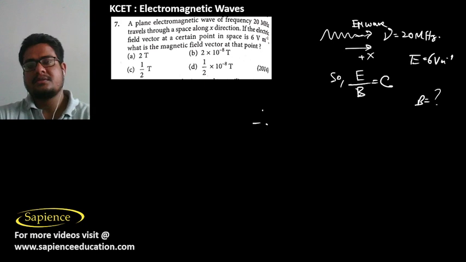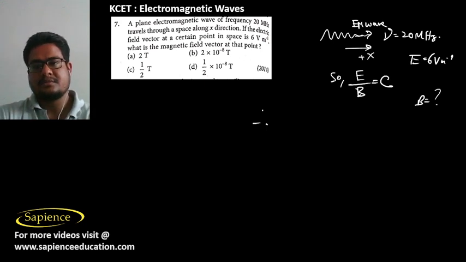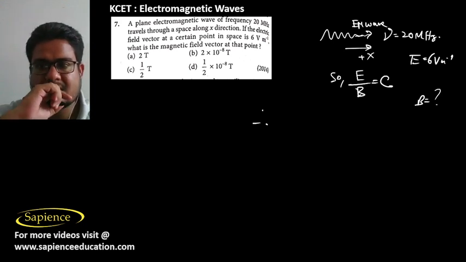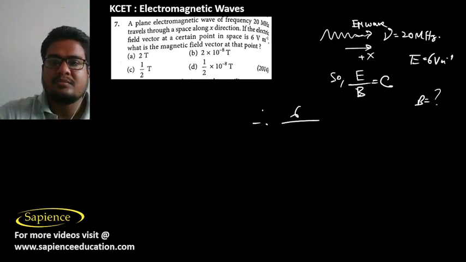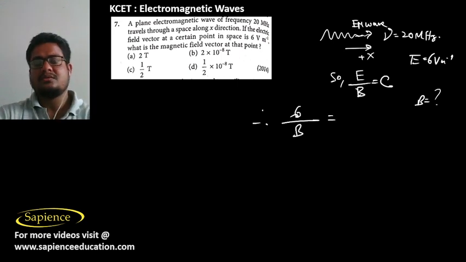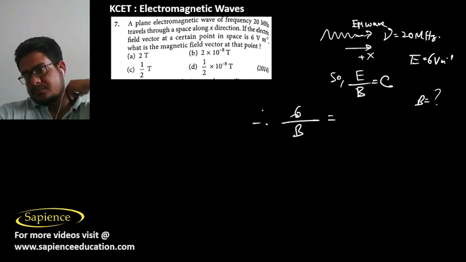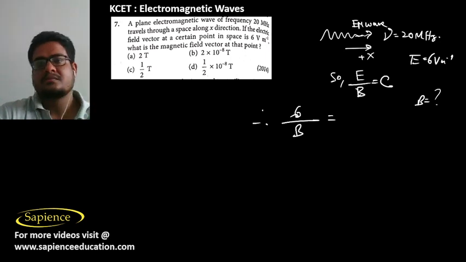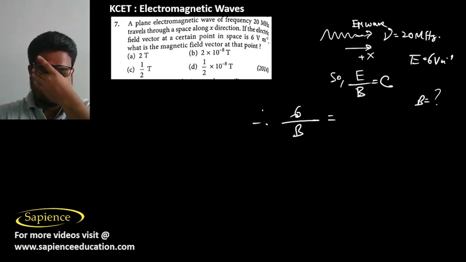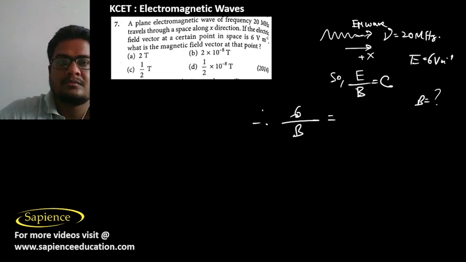It means that 6 volt per meter divided by B will be equal to C. C is equal to, we know, speed of light, that is 3 into 10 power 8 meter per second.